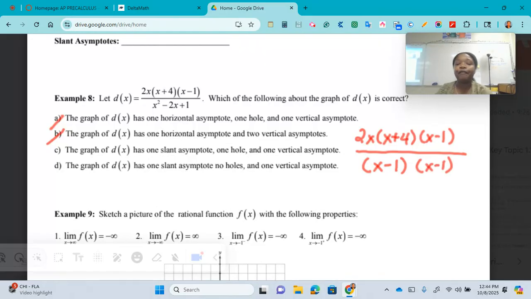So do we have a hole? Remember the rule. It has to cancel all the way. Does it cancel out all the way in the denominator? No. So do we have a hole? No. So the answer is D. Thank y'all.